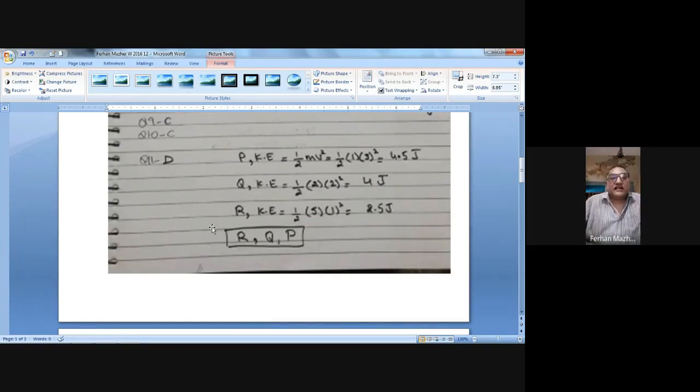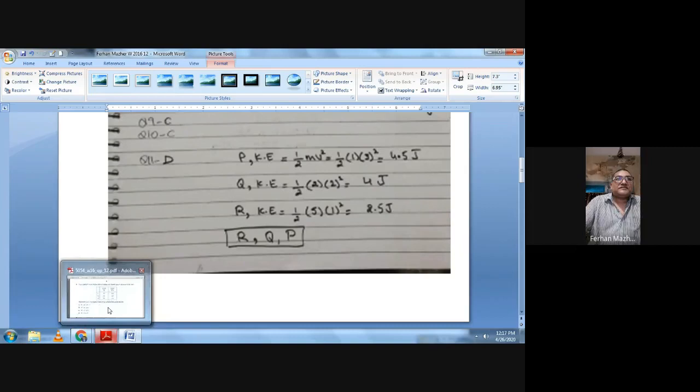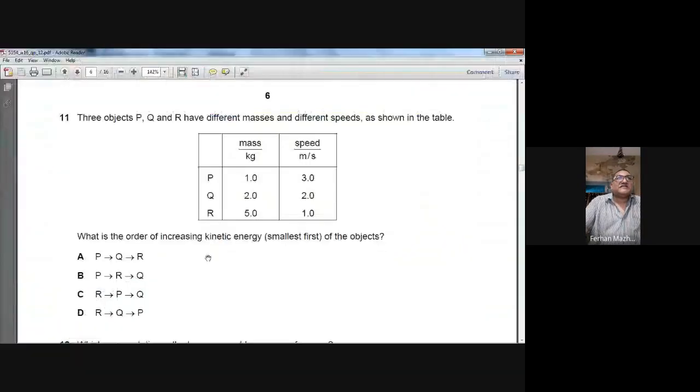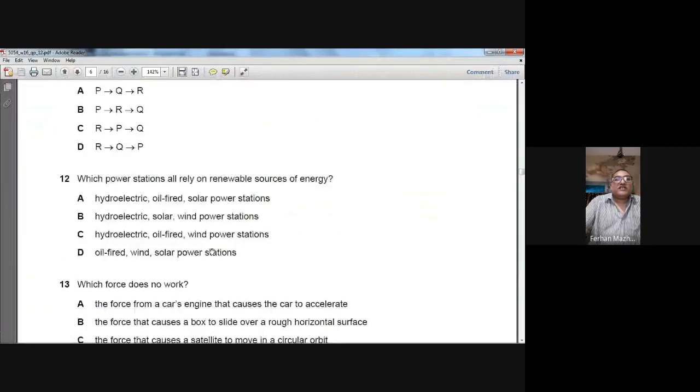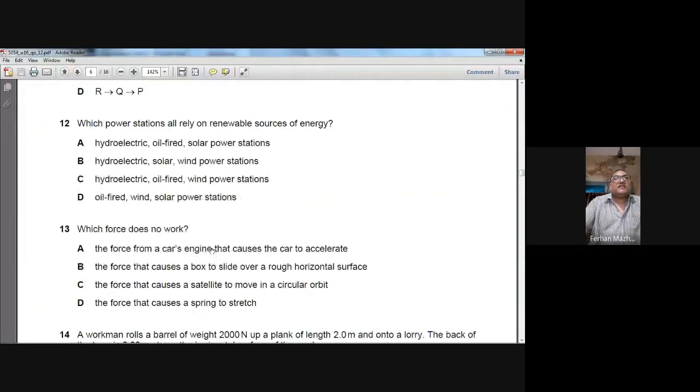So you see clearly that R has the lowest kinetic energy, Q has the medium kinetic energy, and P has the largest kinetic energy. So the order should be R, Q, P. So that's a D choice. I hope you have understood this. For 11, D choice.